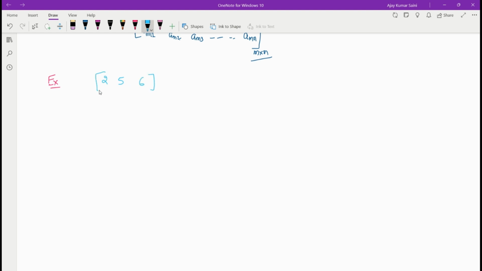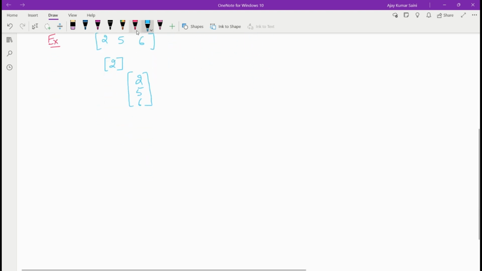When we insert these brackets, it is also a matrix. I can write anything and close it with brackets, so it is known as a matrix.